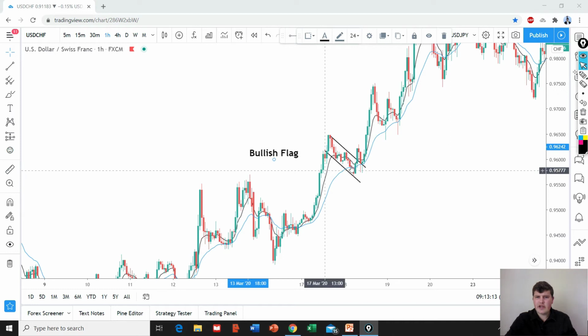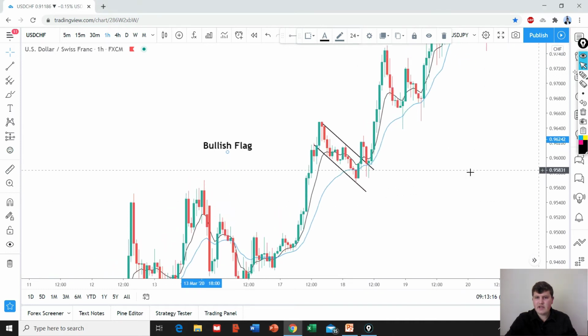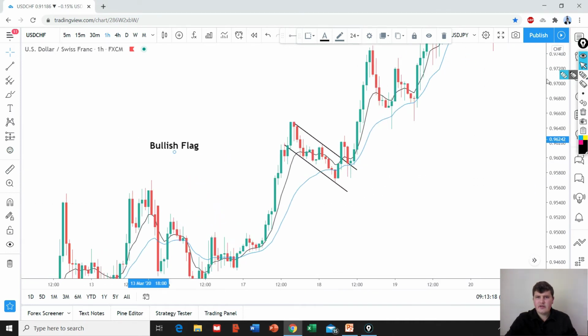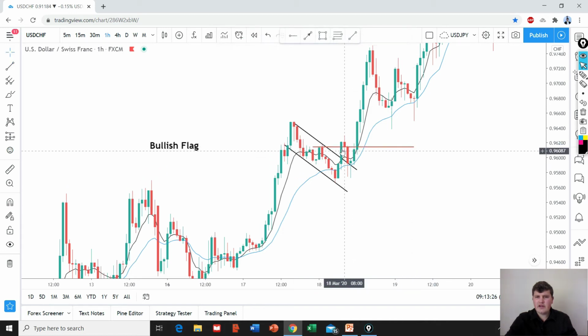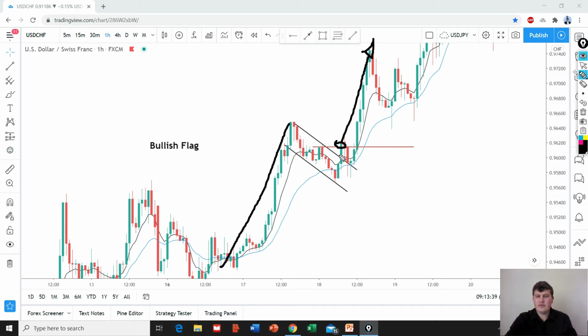And how you go about trading this flag pattern is you wait for the most recent resistance area in the consolidating channel to break like that, and this would be your entry point, and you would catch this move higher, and you usually target the same length as your flagpole once the price has broken out of this channel.